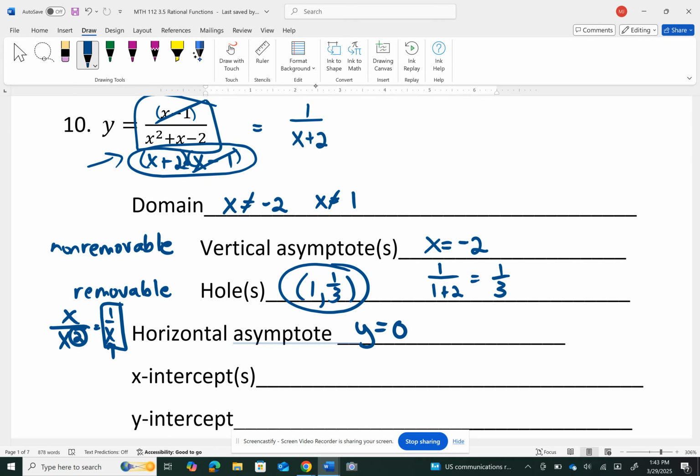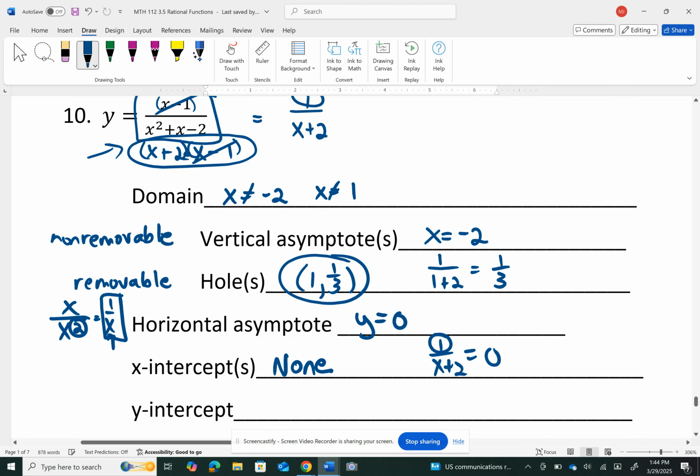So do you see when you look at the simplified version, you can't make that numerator 0 because it's a number, it's 1. So you're not going to have any x-intercepts, because there's no variable up there. So you can't just turn it into a 0.